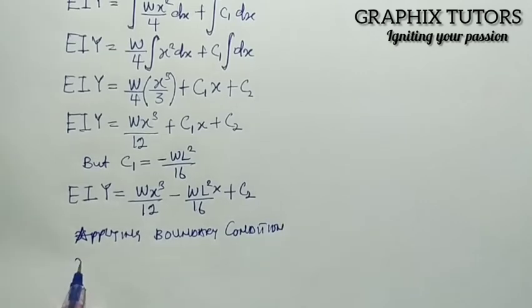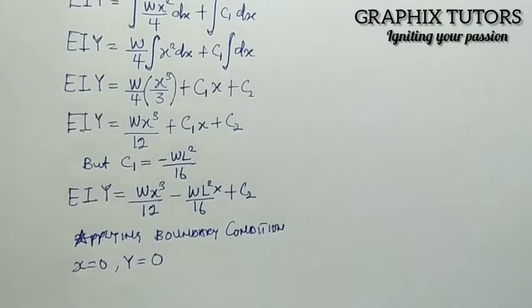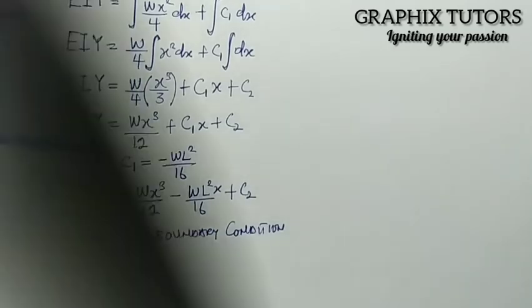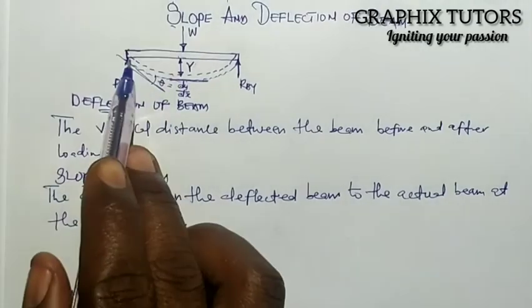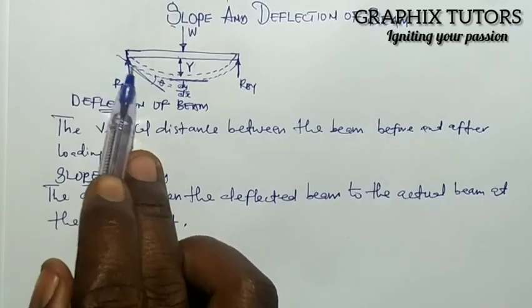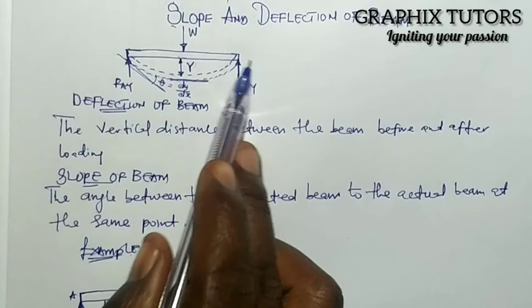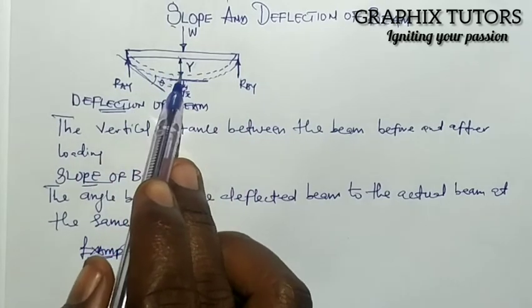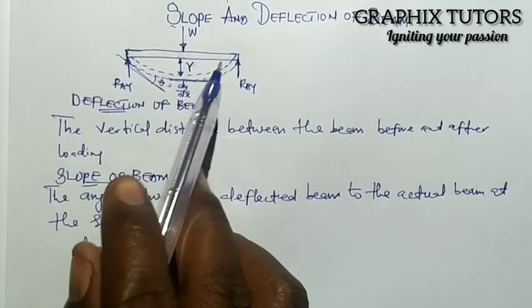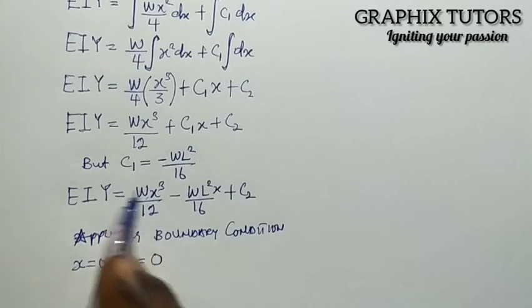You say when x is equal to 0, y will be equal to 0. How do I mean? If you check from here, this is 0, this point is L. When x is 0, there is no deflection at the edge of the beam because the deflection is at the center here. So at the end of the beam, our deflection is 0. So when the distance is 0, the deflection is 0. So you put it here.